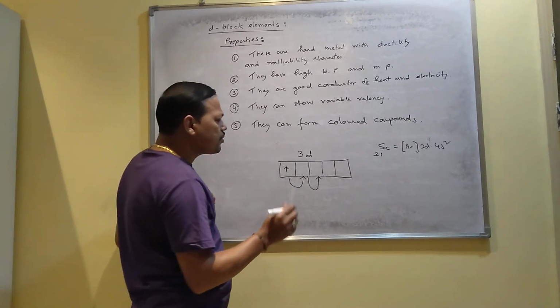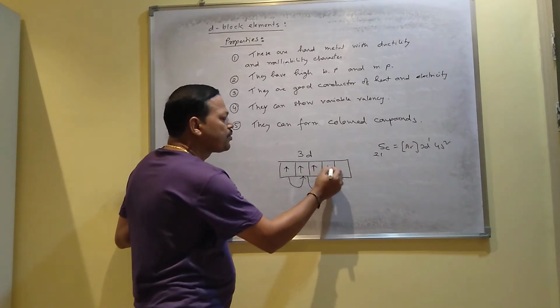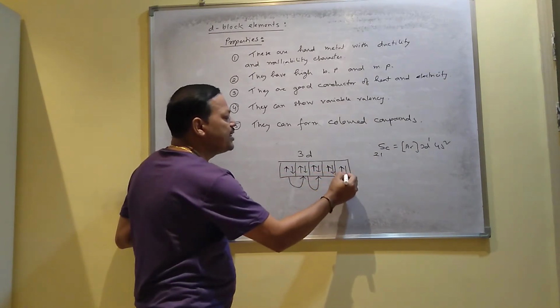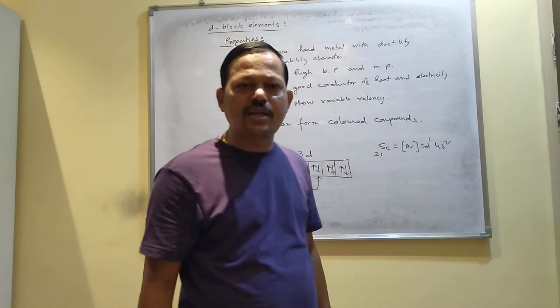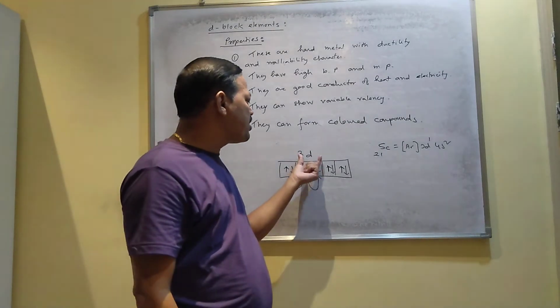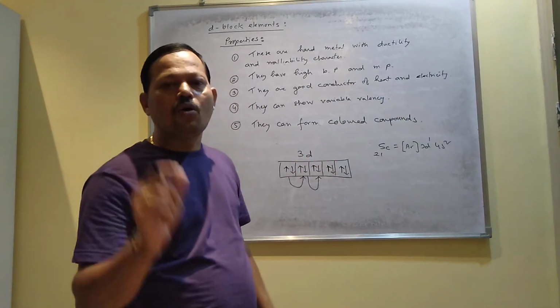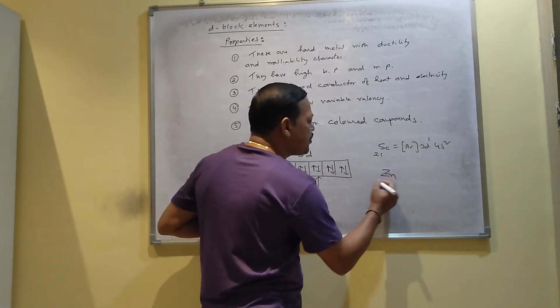But if an element contains a completely filled d orbital, with 10 electrons in d, then there will be no dd electronic transition, and that is why elements with 3d10 configuration always produce colorless compounds. For example, zinc, whose atomic number is 30.